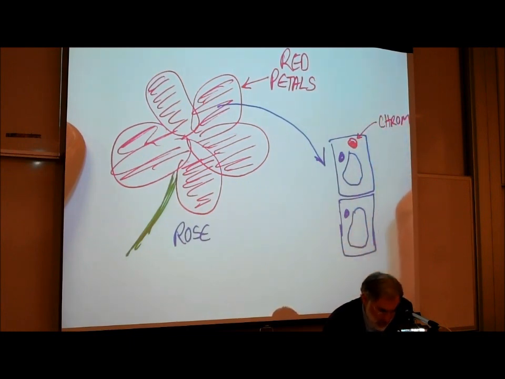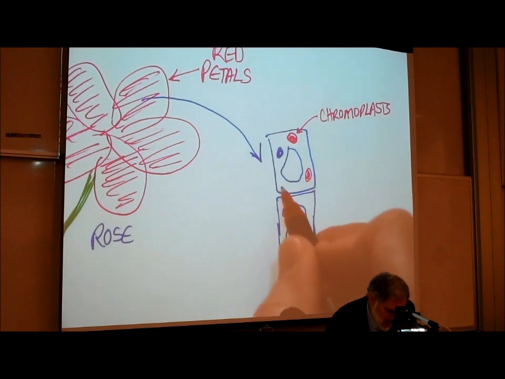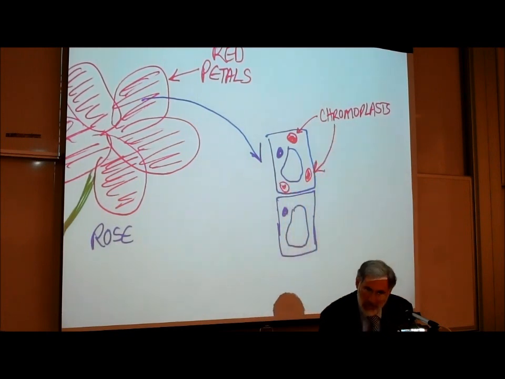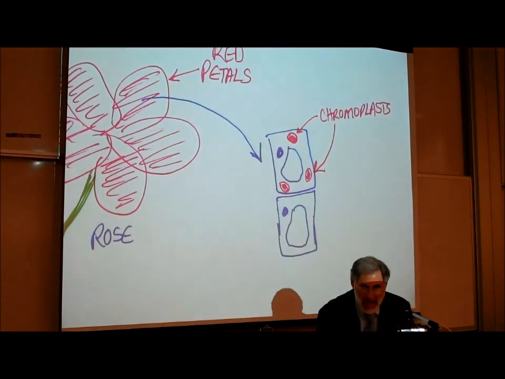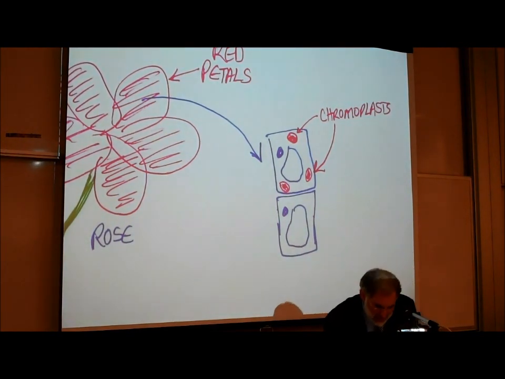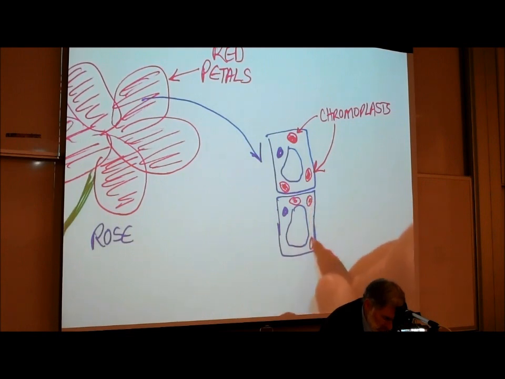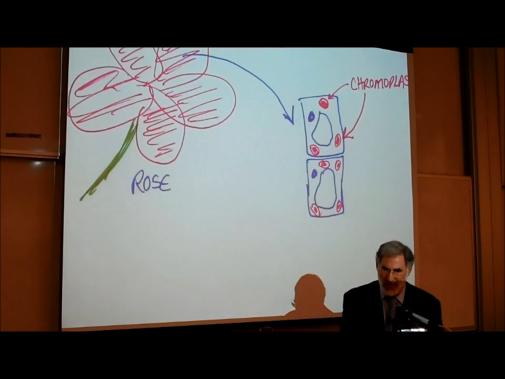Chromo actually means color. So there would be sacs containing red pigments. These are chromoplasts. In a leaf, we would find the cells would have green chloroplasts. So what gives the petals a red color is the red pigment in the chromoplasts of the cells that make up the petal.